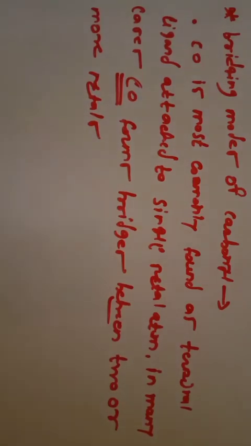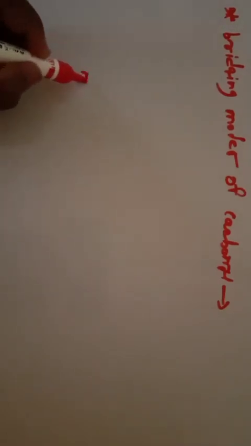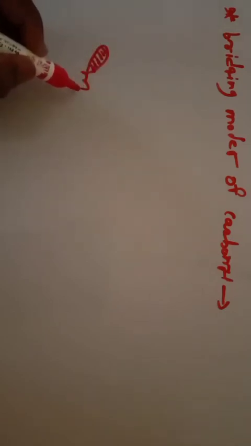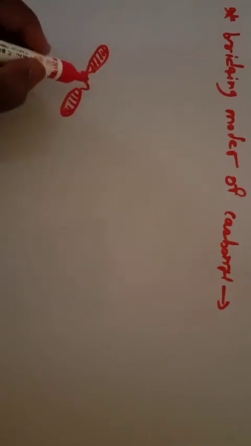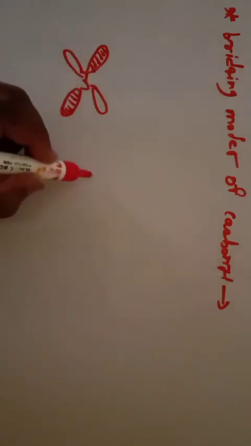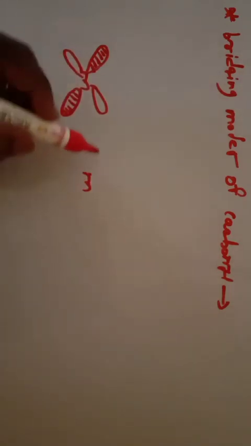Let us discuss some pictorial representation for this bridging mode of the carbonyl ligands. Consider a metal having d orbital, and the same for the other metal.